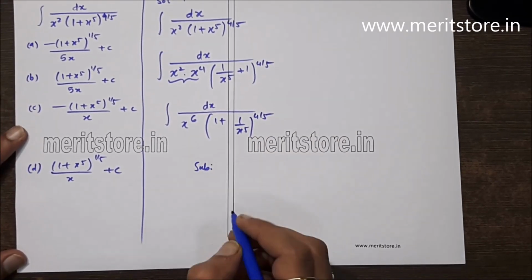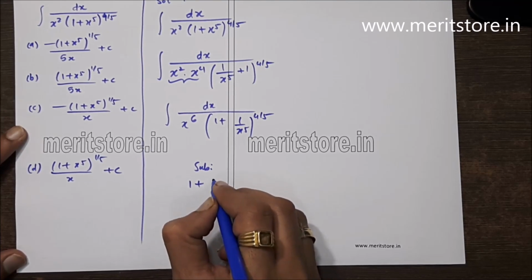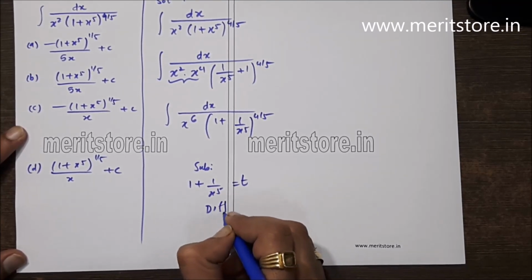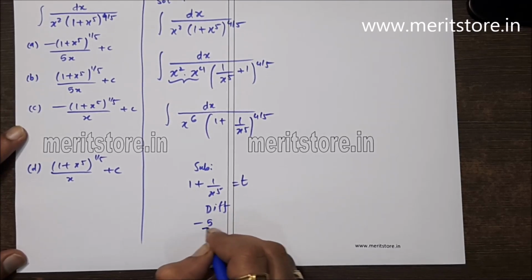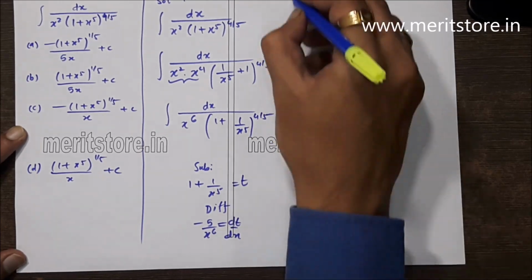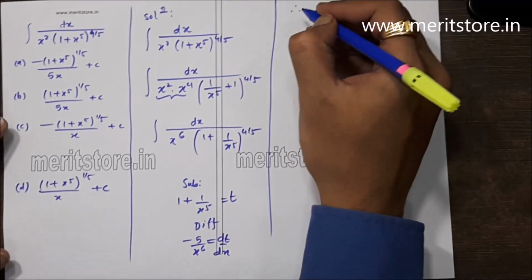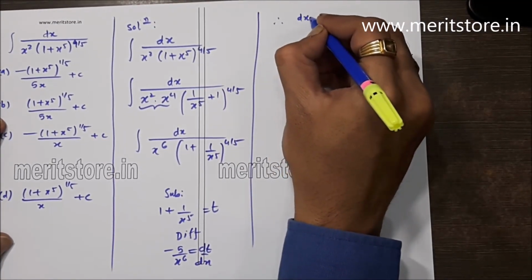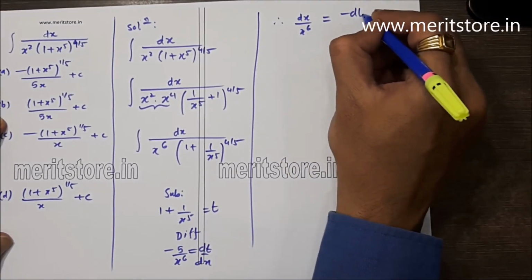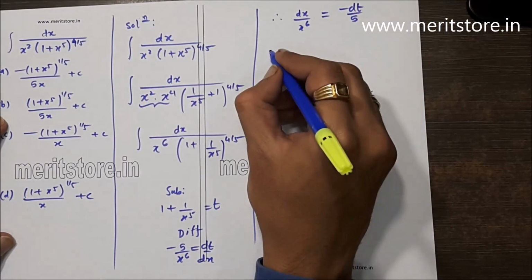I'm substituting 1 plus 1 upon x raised to 5 equals t. Differentiating, minus 5 upon x raised to 6 equals dt by dx, and therefore dx upon x raised to 6 equals minus dt upon 5.